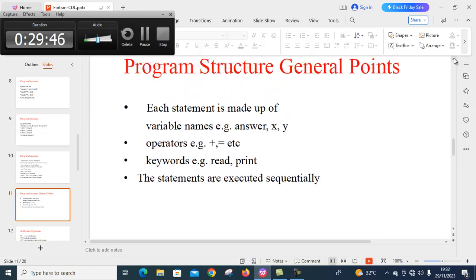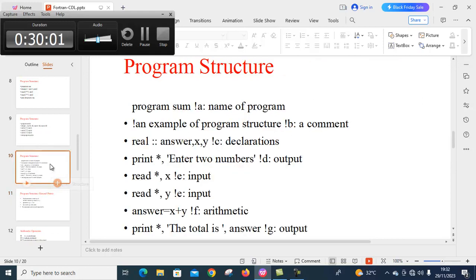Now let's talk about program structure general points. Each statement is made up of variable names. Example, answer, X, Y, just like what we saw here. These are the variable names.